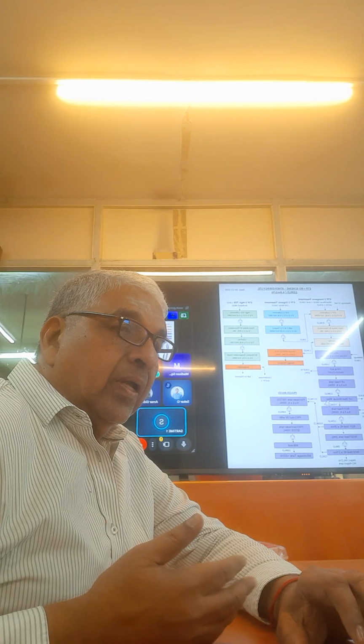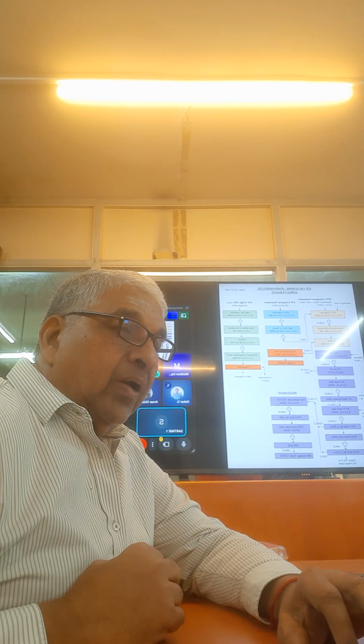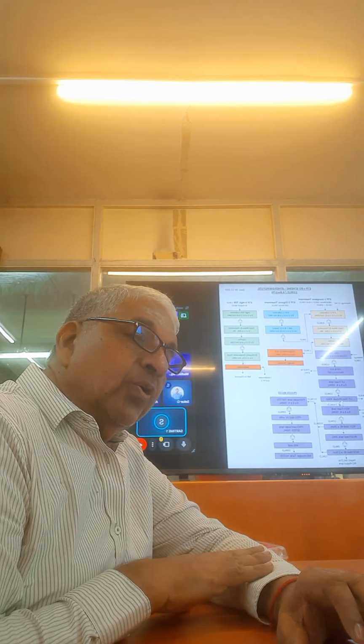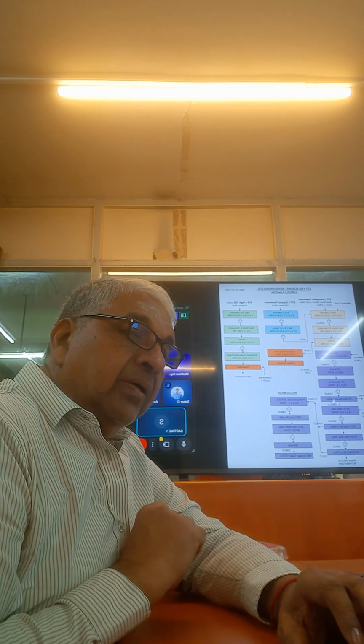Now from the filter feed tank we go to ACF, PSF, ACF for turbidity removal, and then it goes to the UF filter, UF feed tank. Now we have suggested a 4 module UF.